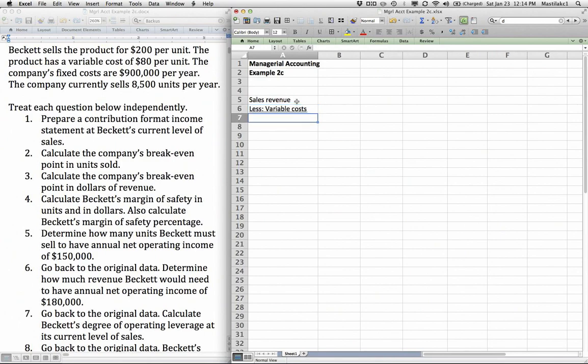So we're going to separate our costs between variable and fixed. And instead of a gross margin, we have what we call contribution margin, which makes it clear that what has been subtracted from sales is not cost of goods sold, but rather variable costs.